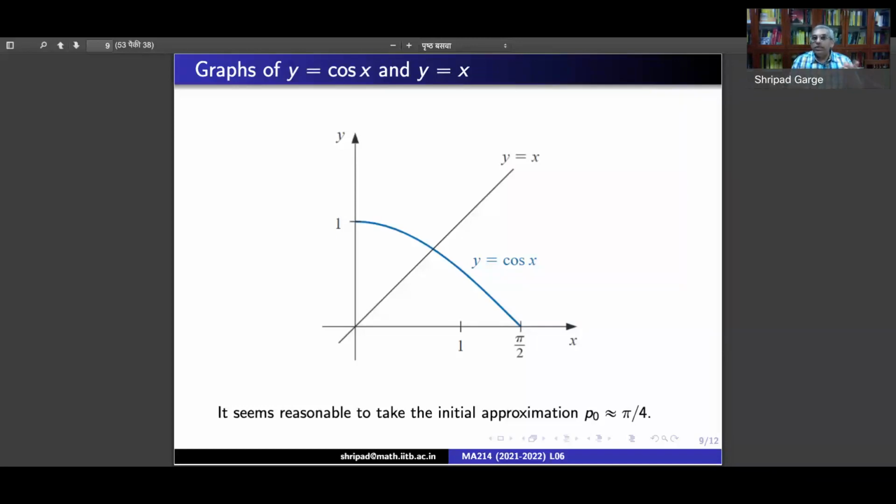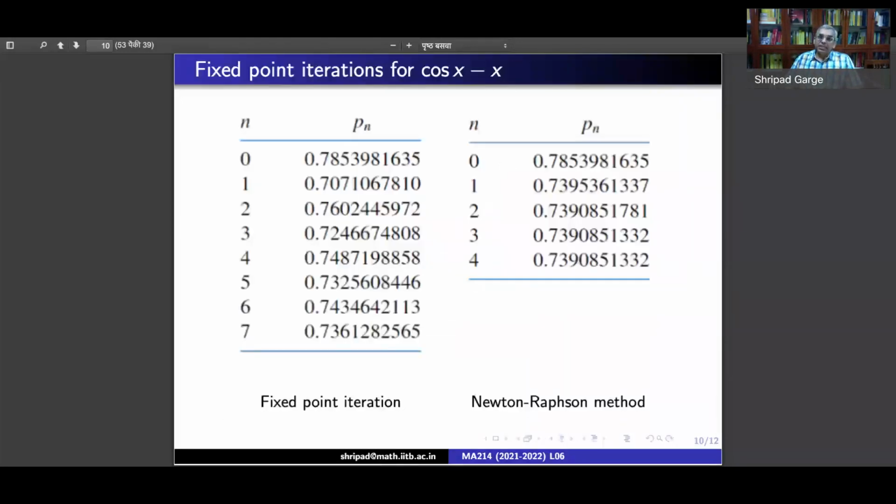Remember that there are two fixed point methods. The first one is g1(x) equal to x, and the second one is the Newton-Raphson method. And these are the results.